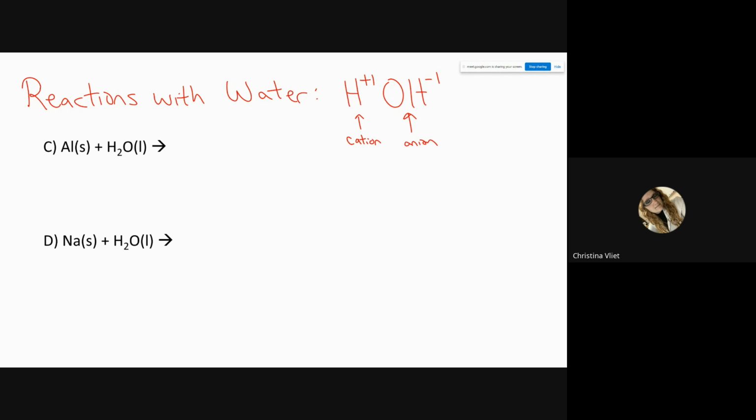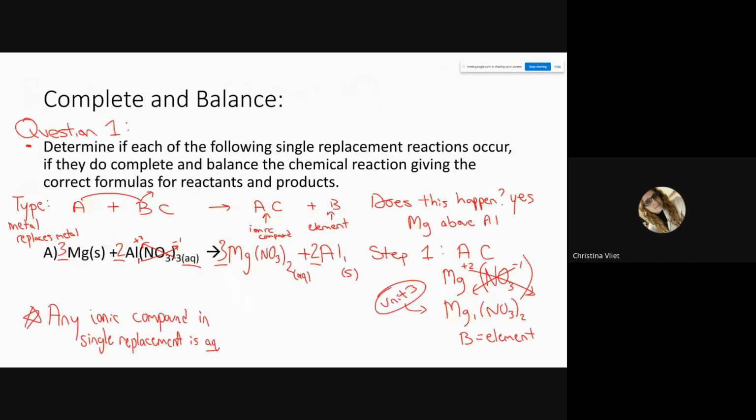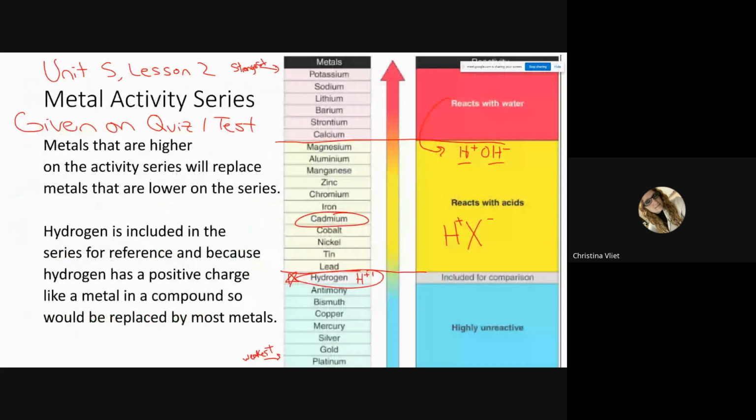Will water react with aluminium? Take a look. Aluminium reacts with oxygen, but will not react with water. Only calcium and above react with water. Meaning that aluminium, hopefully that makes sense.